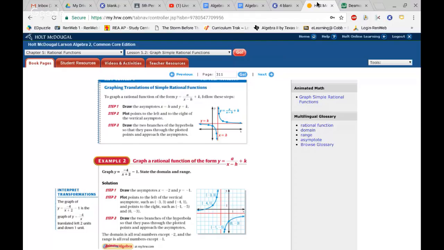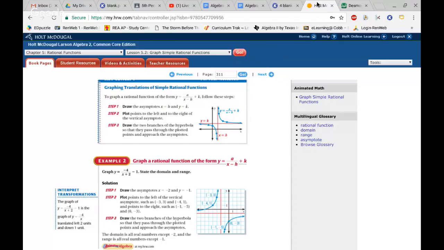Those are your two asymptotes, but your vertical one is the x equals h. So where the vertical one would be is anywhere where that would be equal to 0, because remember, the asymptote is that place that the line can never touch. Thereby it's undefined, and that's why you can't have a 0 in the denominator. So that's what the vertical asymptote is going to be.